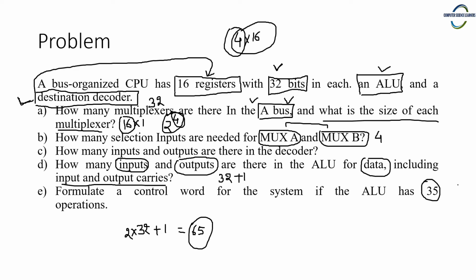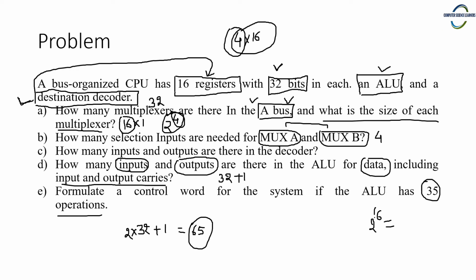And what is the last thing? That is the number of operations. So there are 35 operations. So how many bits do we need? If I put it in the form of 2 raised to the power n, I need to select 6 bits. That will serve my purpose. Because if I take 5 bits, then 2 raised to the power 5 is going to be 32, so it will not serve my purpose, right?